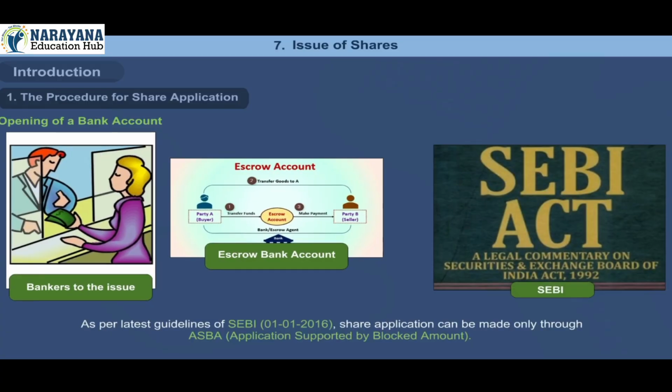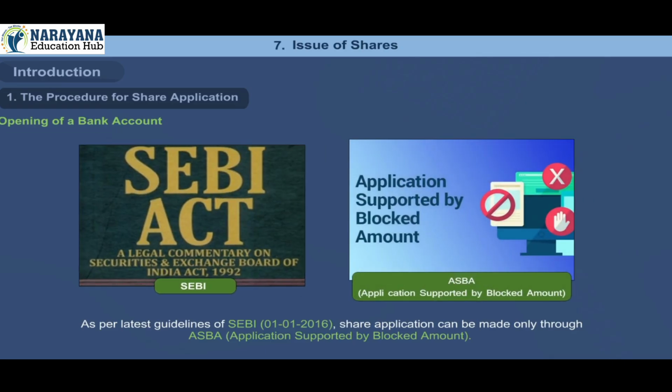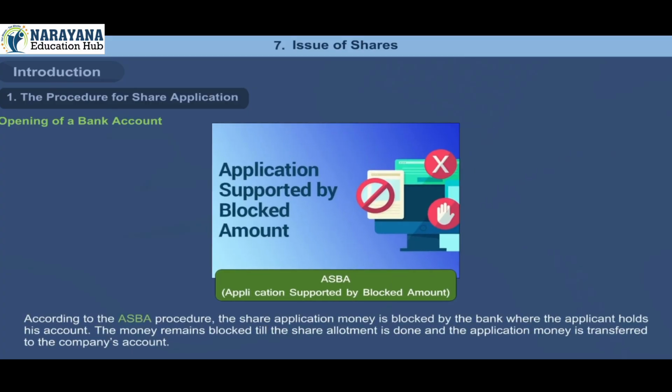As per latest guidelines of SEBI, from 1st January 2016, share application can be made only through ASBA, that is, application supported by blocked amount. According to the ASBA procedure, the share application money is blocked by the bank where the applicant holds his account.